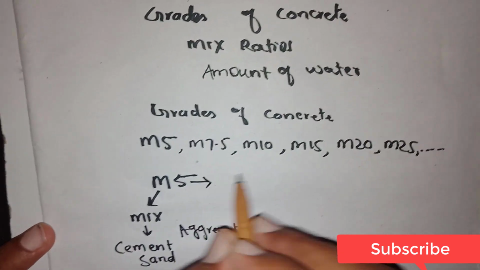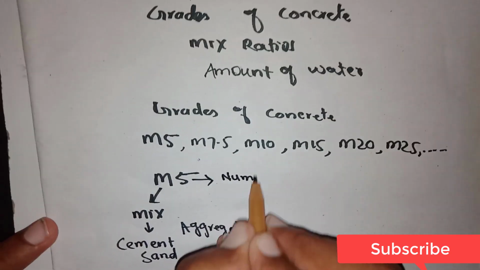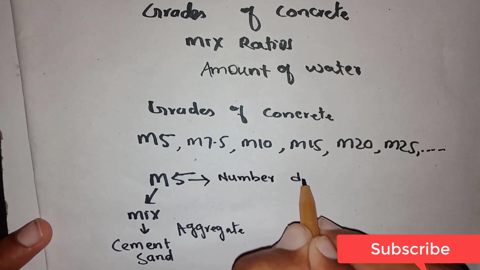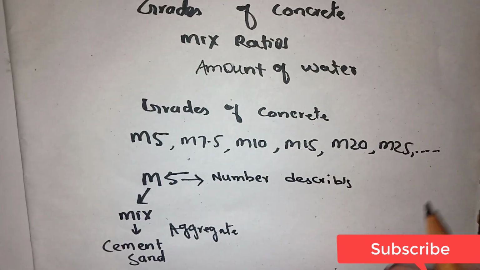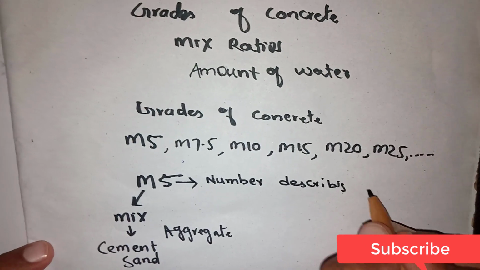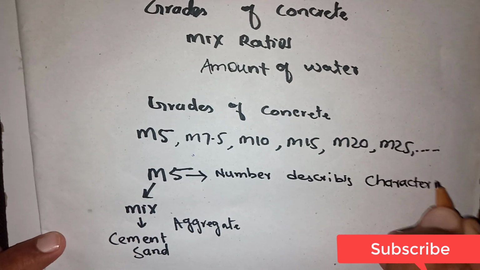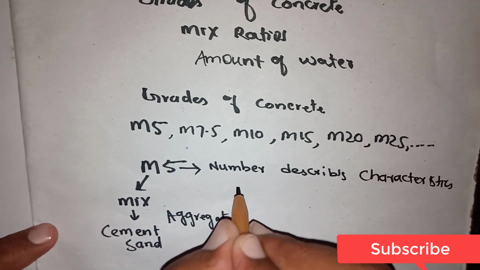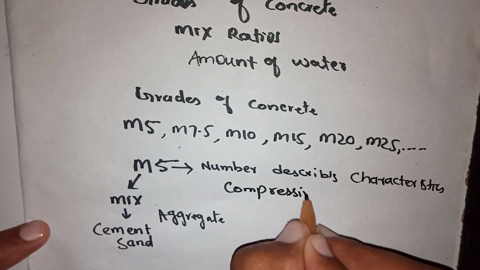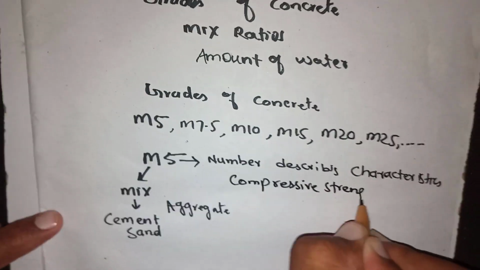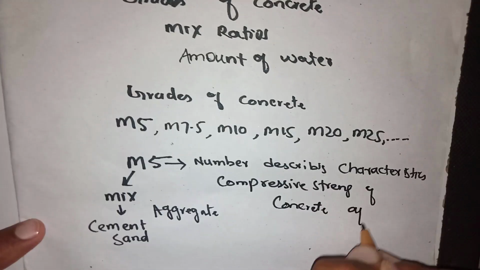And what is 5? 5 is basically a number that describes the characteristic compressive strength of concrete after 28 days.